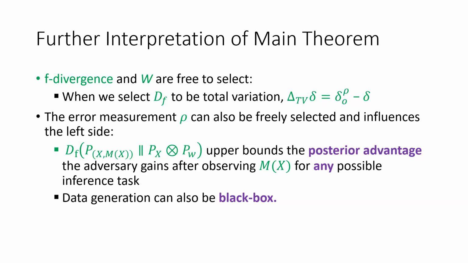Also, because the right-hand side is independent of your rho, once we can give an upper bound of the right-hand side, we actually provide a uniform upper bound for arbitrary posterior advantage for any selection of rho. And this theorem doesn't require any additional assumption on your data distribution and your output distribution, so the data generation can also be a black box.